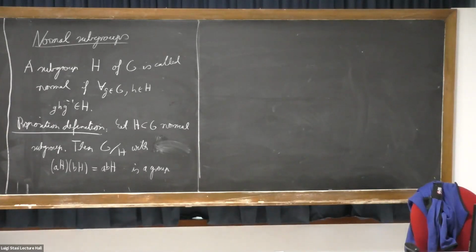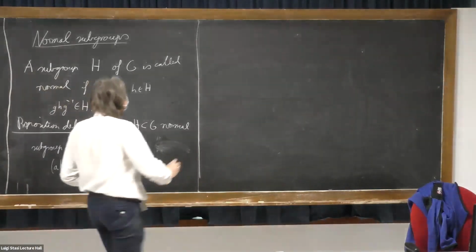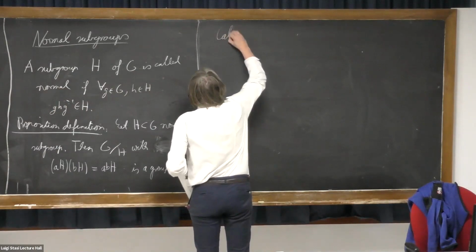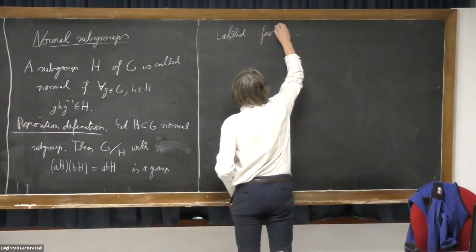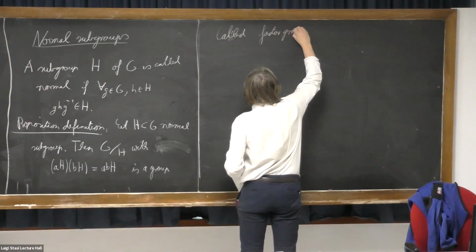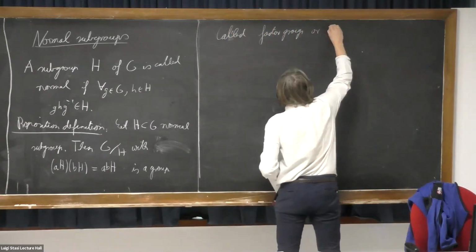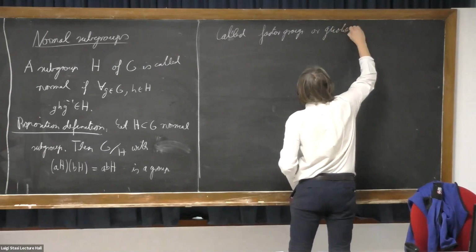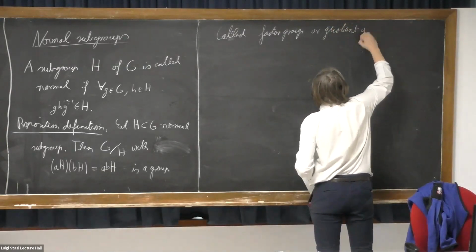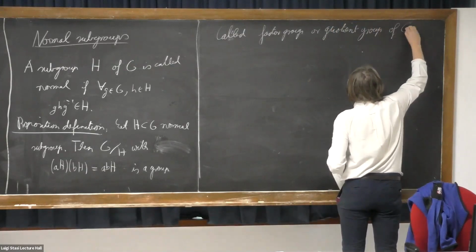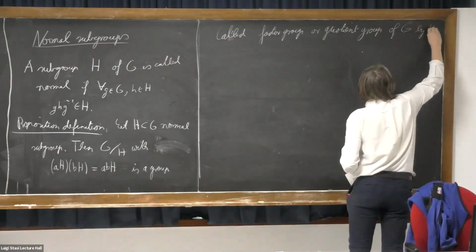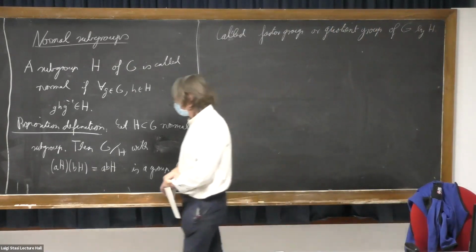It's called the factor group, or quotient group, of G by H.